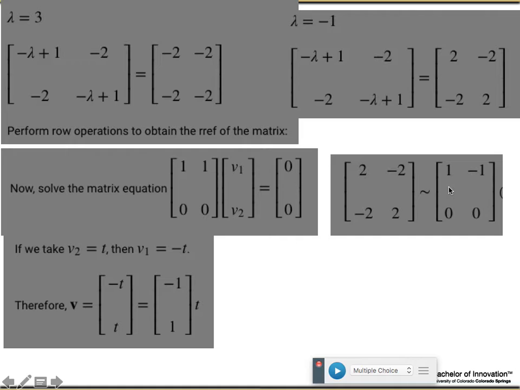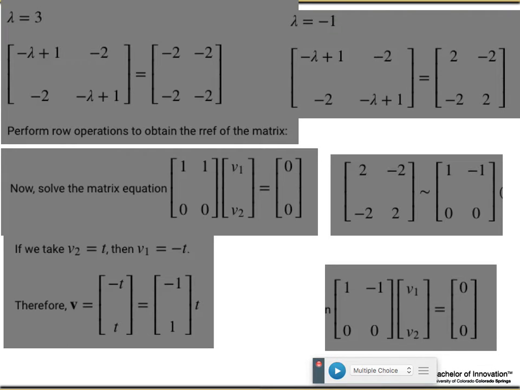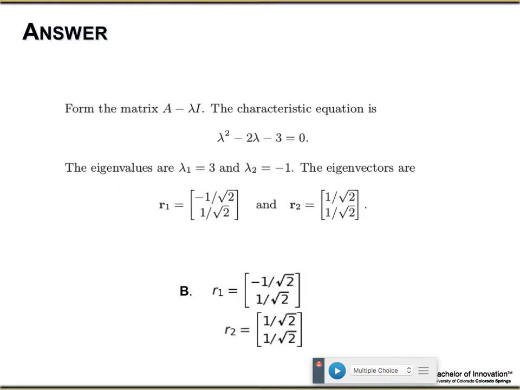The minus 1s are just divided by 2 to simplify stuff. Now I want to normalize these to get my unit vectors. So my unit vectors are minus 1, 1, and 1, 1. That gives me minus 1 over the square root of 2, 1 over the square root of 2, and 1 over the square root of 2, 1 over the square root of 2. So the answer was B.